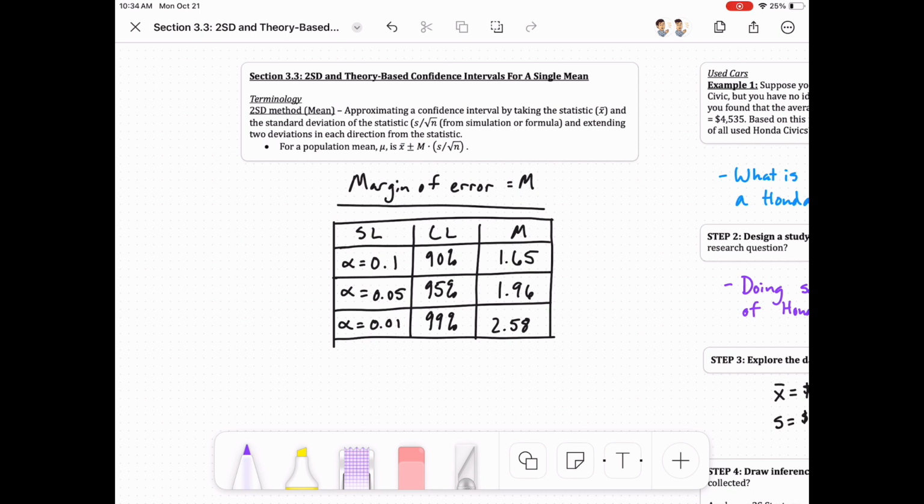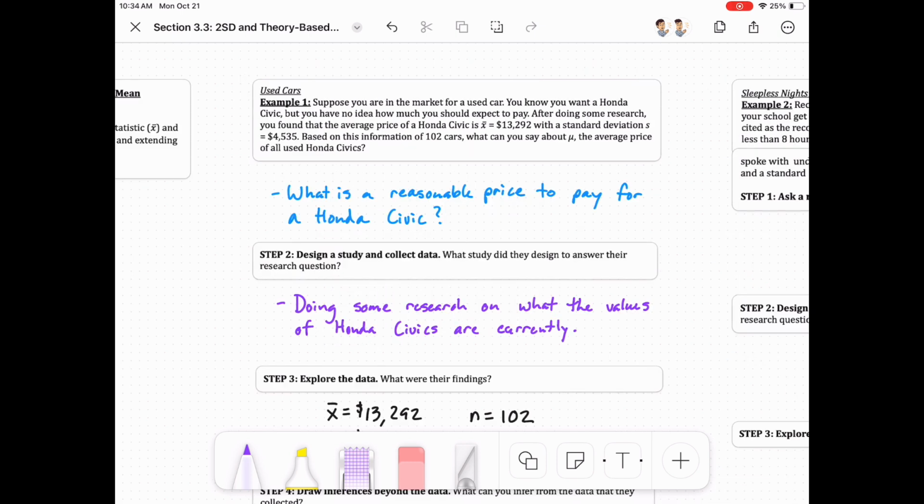For this method, when we're talking about the mean, very similar to when we're talking about a proportion, we're going to approximate the confidence interval by using the statistic and the standard deviation along with the sample size in our formula to help give us a confidence interval of where we believe our population mean mu should land based on the data.